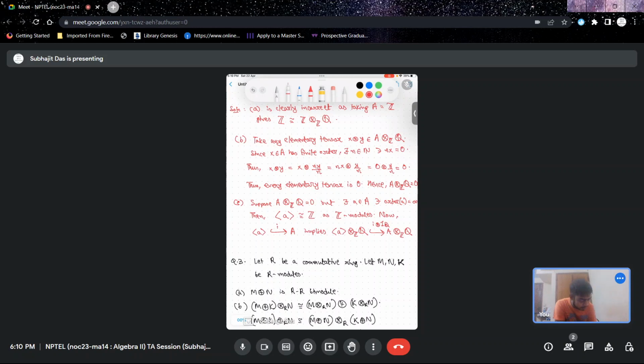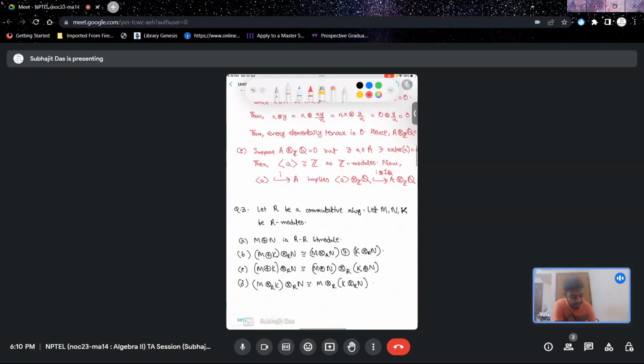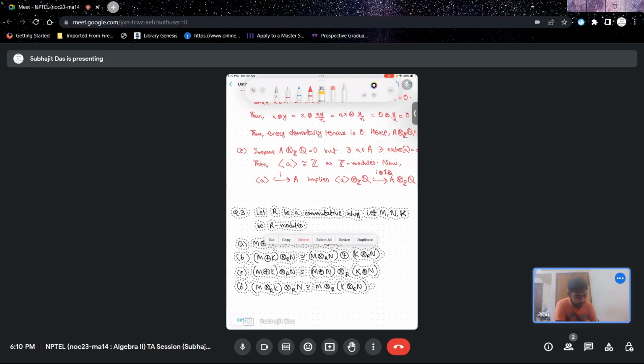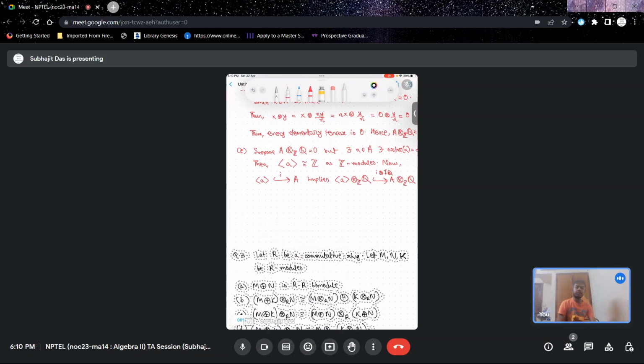Now the reason this holds is precisely because Q is something called a flat Z module. So what is a flat Z module? A flat module is essentially a module over a ring A such that if you take tensor products with that module, then that should preserve monomorphisms or injections.